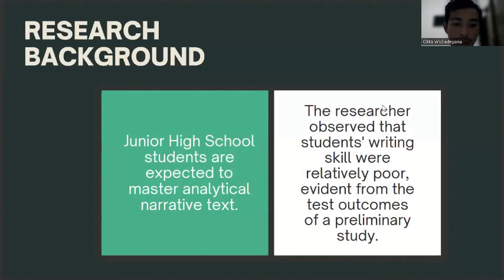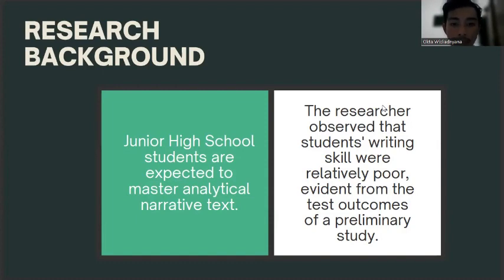Therefore, researchers use narrative text as one of the media used so that students are faster in understanding and mastering proper writing skill. And the second, the researchers observed that students' writing skill were relatively poor, evident from the test outcomes of a preliminary study.